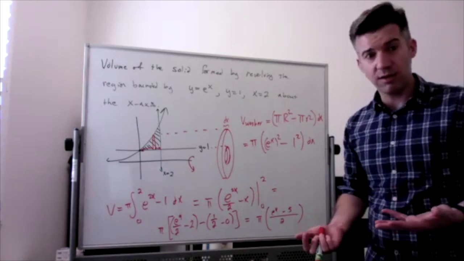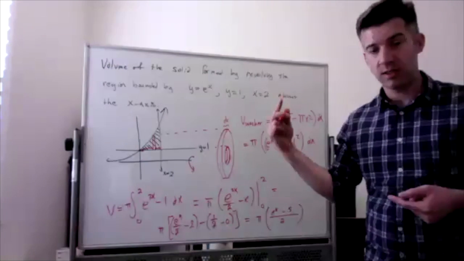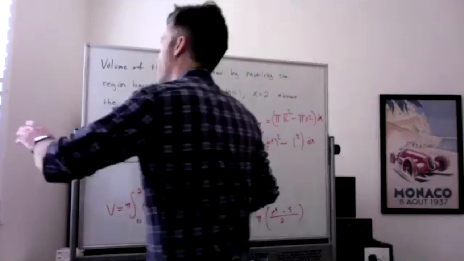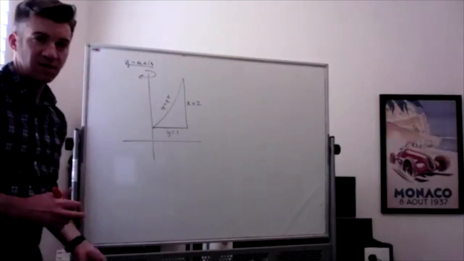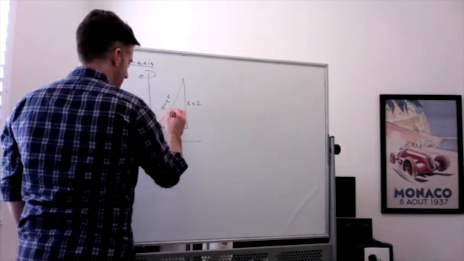It becomes a bigger deal when we want to rotate around the y-axis. So let's go around the y-axis. Now I'm using a horizontal strip.